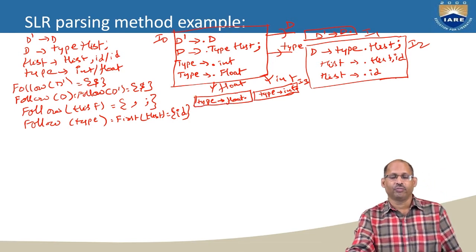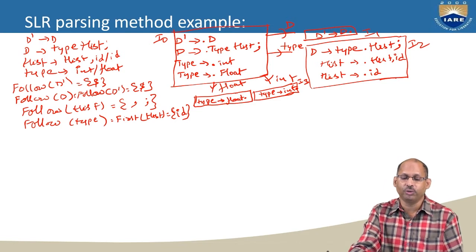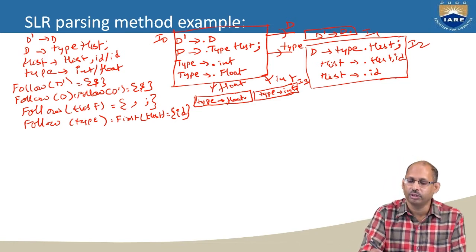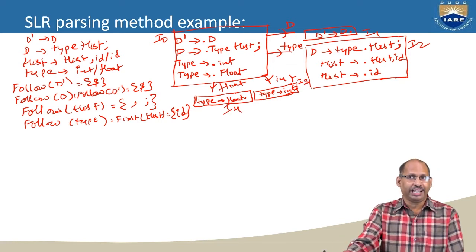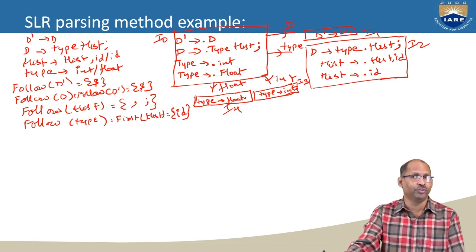This is I4. So I0, I1, I2, I3, I4, the five groups are completed.